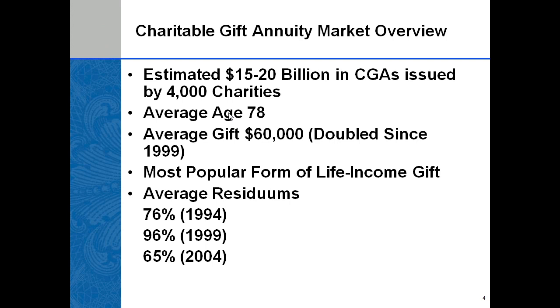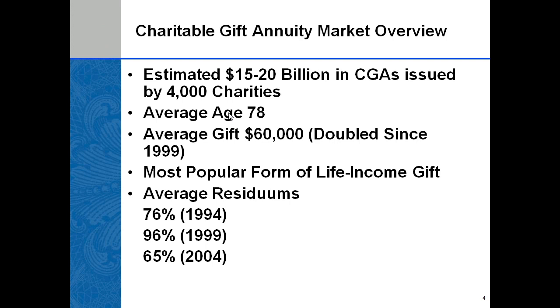In most cases, in that side-by-side comparison, the gift annuity is slightly, and I mean slightly, 2 to 3% on average, lower than what the CRAT would be. But of course, the donor is compensated through a higher income tax deduction because the donor is taking a lower payout. So that's okay.